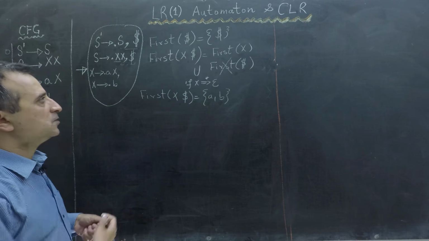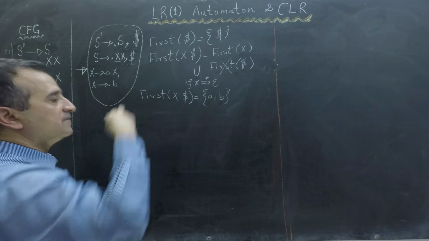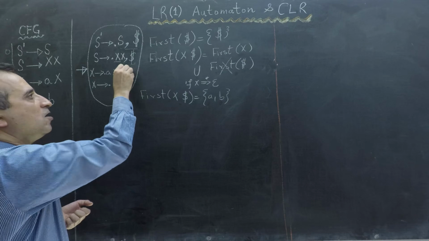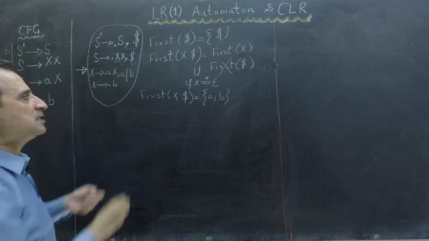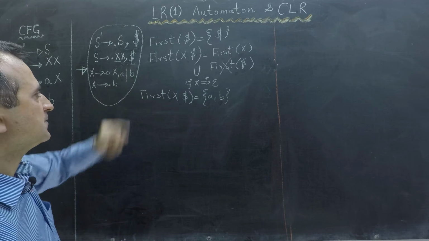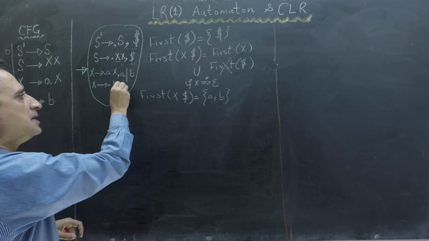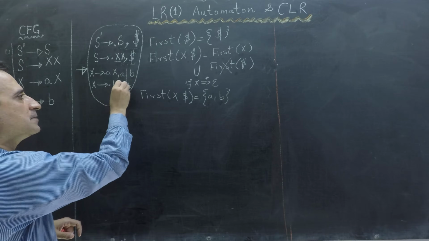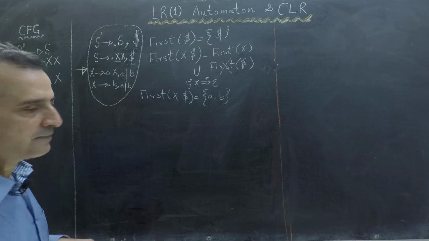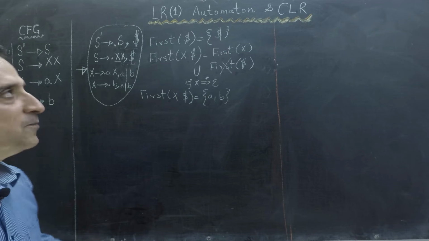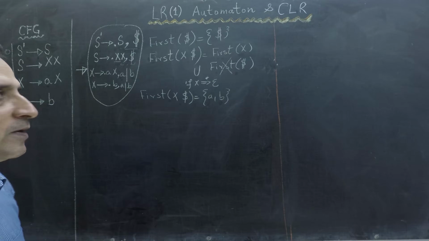Once again, because it is LR1, I will add these terminals with an OR symbol because they both represent one look ahead. Similarly, in this case, I will add a or b. Their order does not matter. So I'm done with the start state of my LR1 automaton.